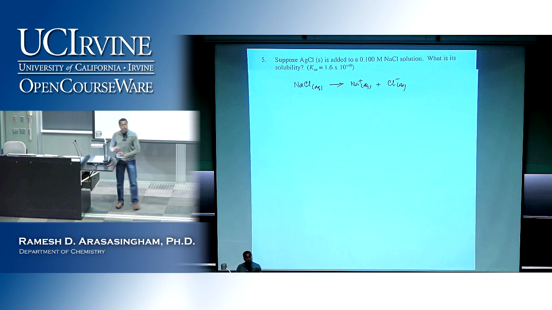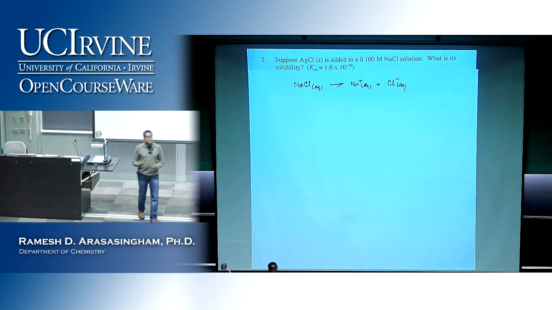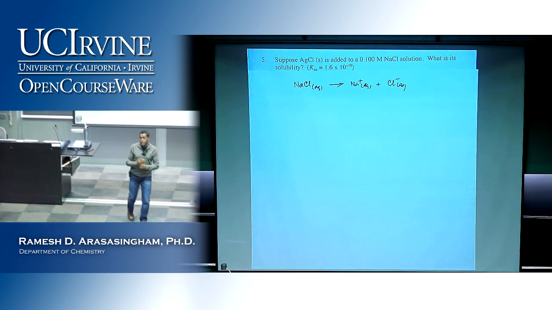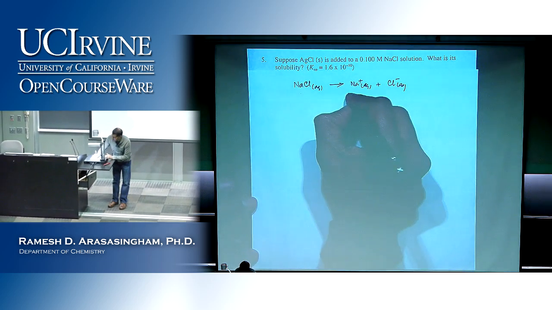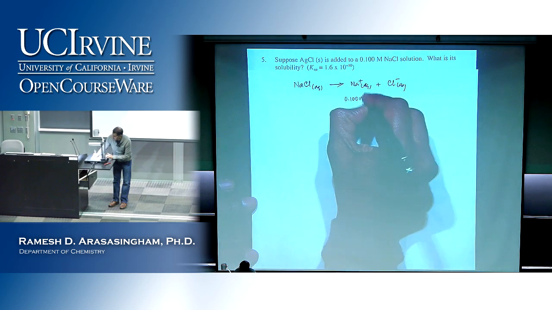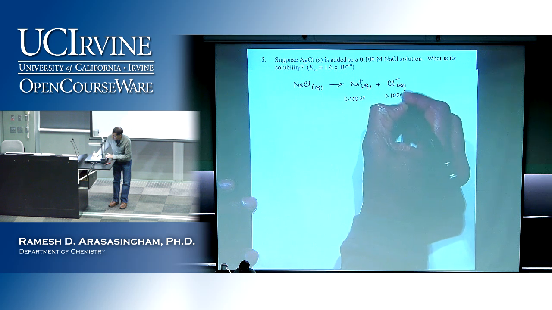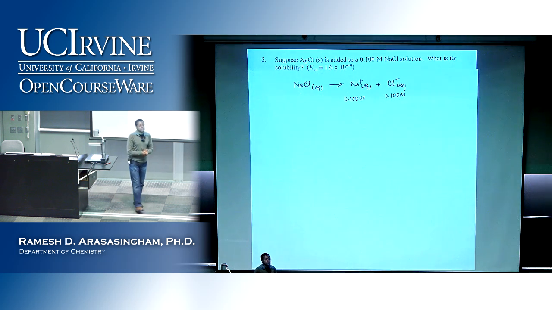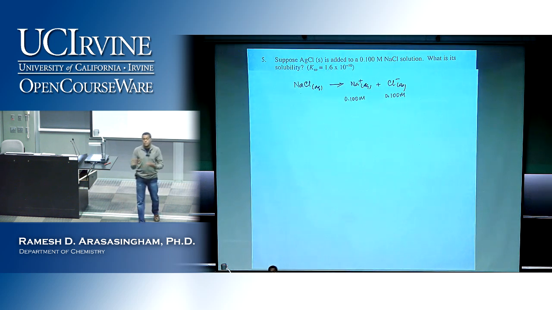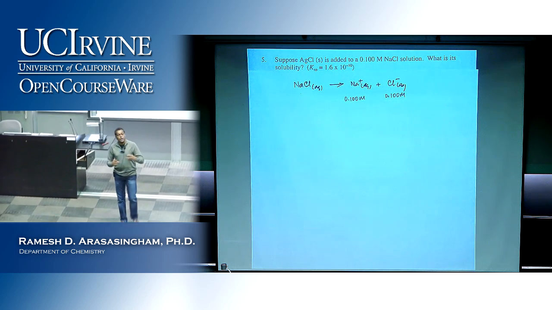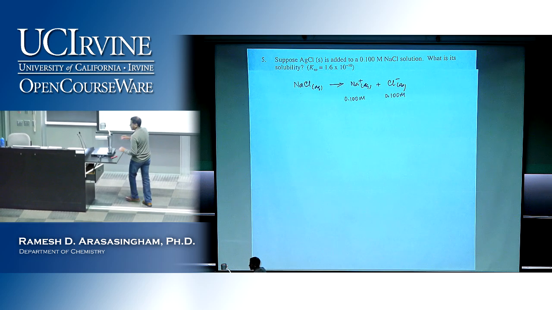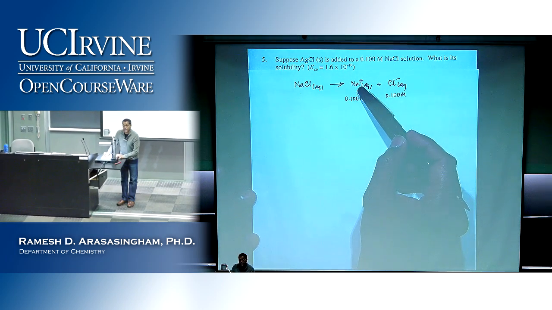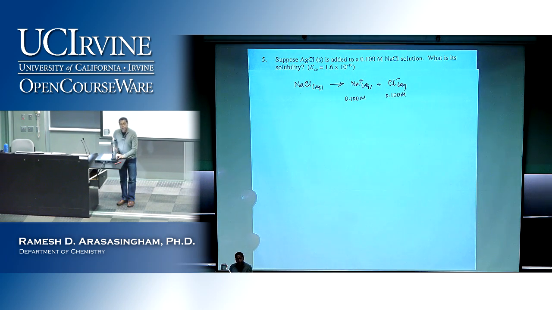Because the total volume does not change, the concentration of sodium ions would be 0.1 molar, and the concentration of chloride ions would be 0.1 molar, because it dissociates completely. Chloride is the common ion.